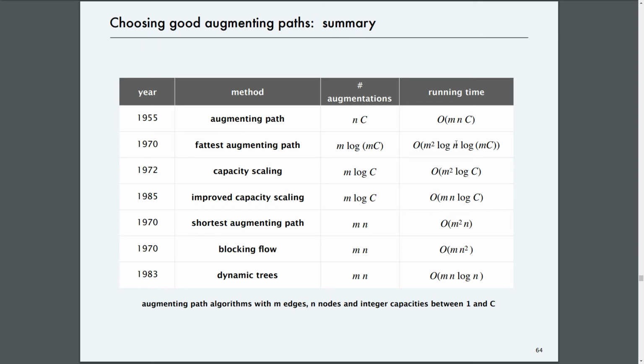For the fattest path, you'd need some sort of priority queue or data structure to maintain everything, like, what's the maximum path? The blocking flow algorithm improves on this a bit, and then using dynamic trees, the link cut tree data structure, you can get something even better.